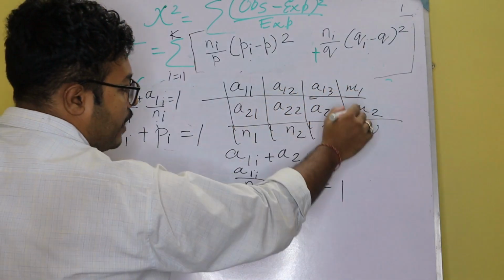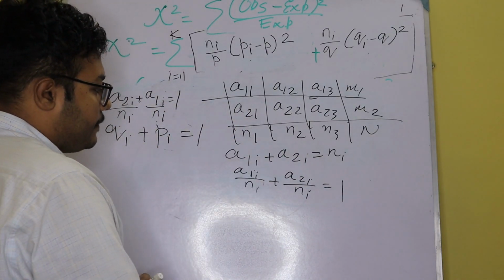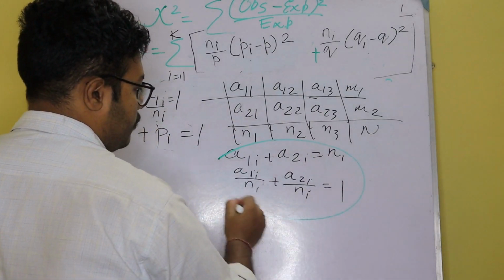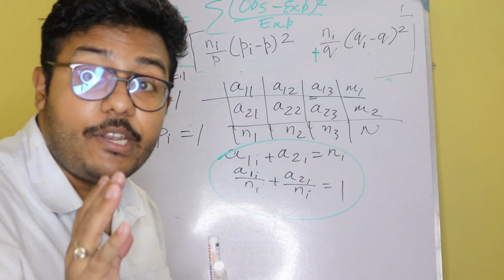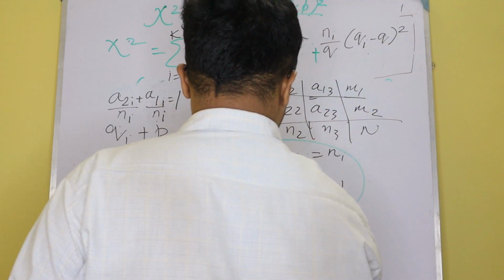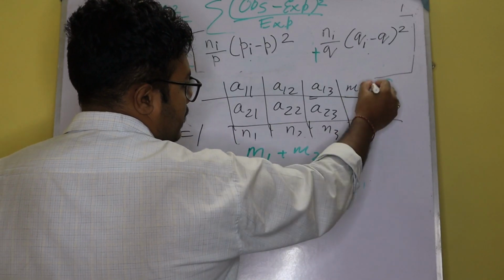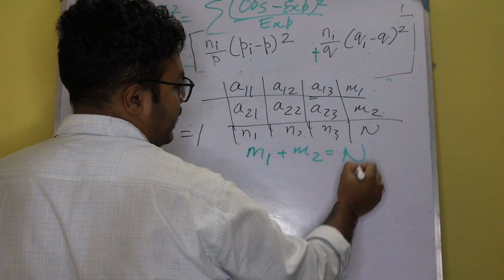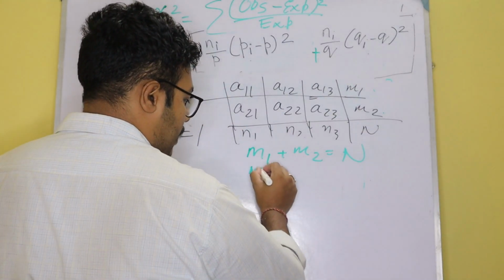Similarly, for M1 and M2 also, I am rubbing this part to show you the relation between M1 and M2, actually the relation between p and q. See, M1 plus M2, these two sum up to N. If we divide this by N, what we get?